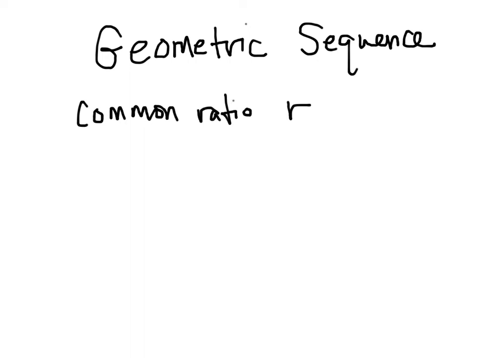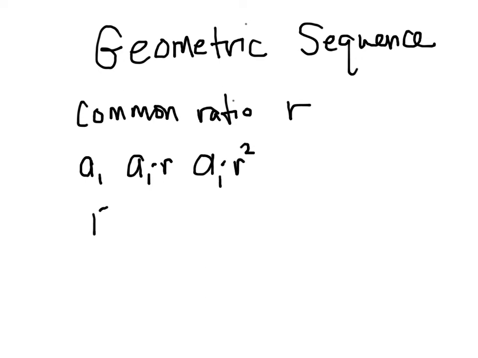of r, and so whatever the first sequence element is, call it A1. The next one will be A1 times r, then A1 times r squared.